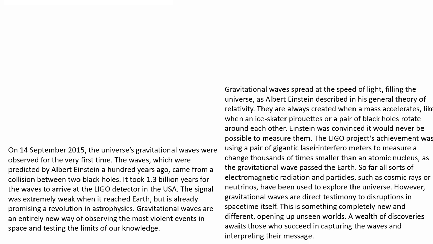But the LIGO project achieved this using a pair of gigantic laser interferometers, like a spectrometer. You might have seen the Michelson-Morley experiment, or any kind of spectrometer used for estimating the wavelength of light or its deviations. LIGO used a pair of gigantic laser interferometers to measure changes thousands of times smaller than an atomic nucleus as the gravitational wave passed by the Earth.